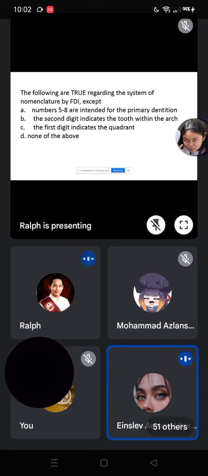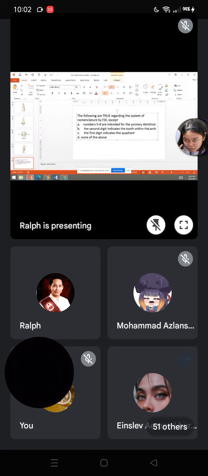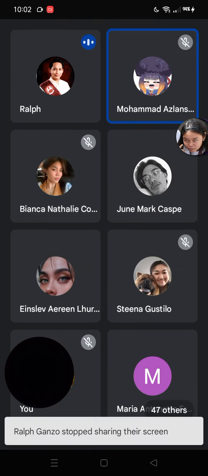Yes, Doc. Okay, so somehow you need to comprehend the question. Kabalo na mo sa FDI, kabalo mo sa universal. Not by arch, but by quadrant. Ang universal man to ang arch. Nakuha na? Yes, Doc. Thank you, Doc.